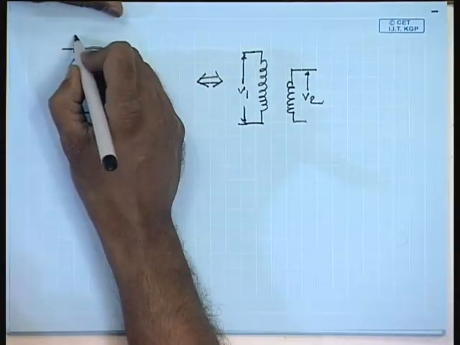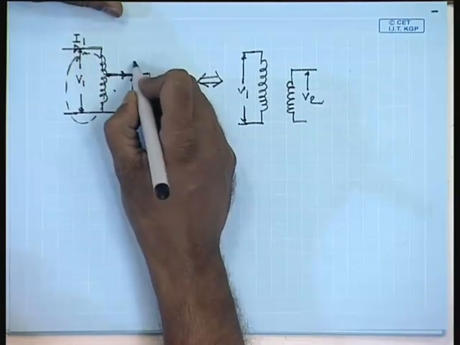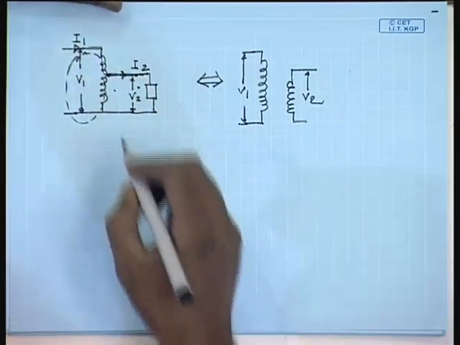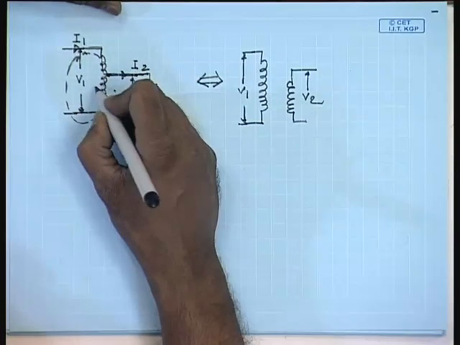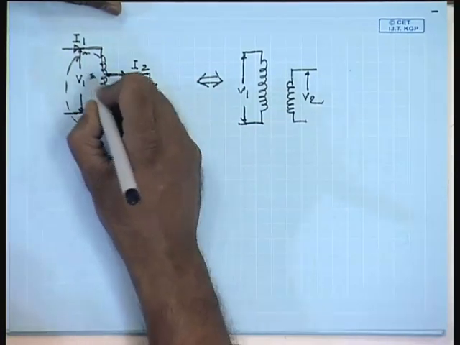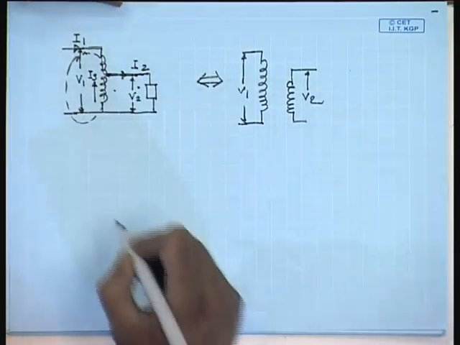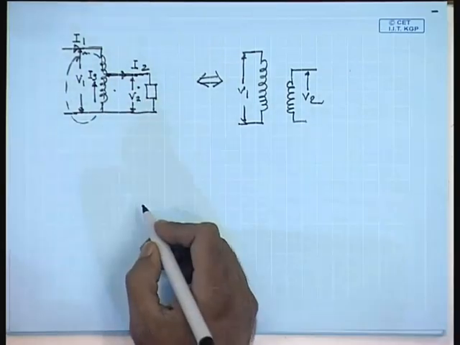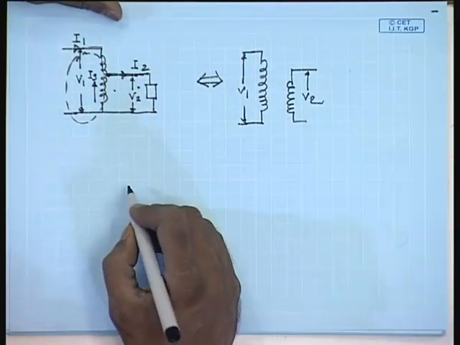Therefore, if we say this current is I1, this current is I2, and this current is I3, then the phasor diagrams of I1, I2, I3 can be drawn as follows.